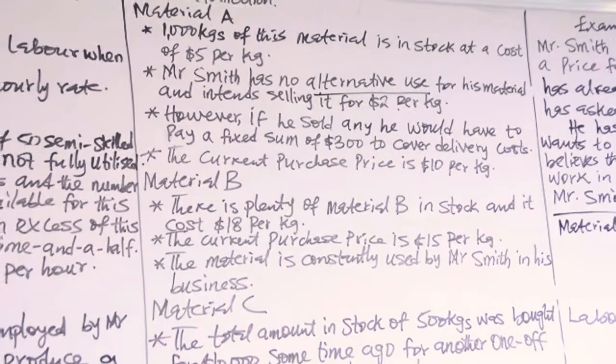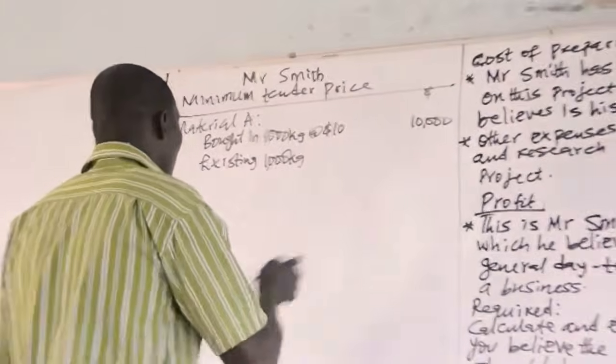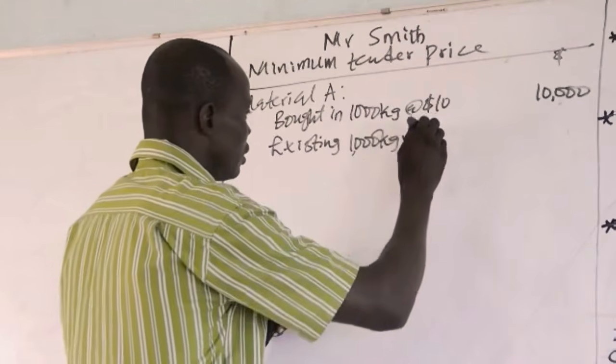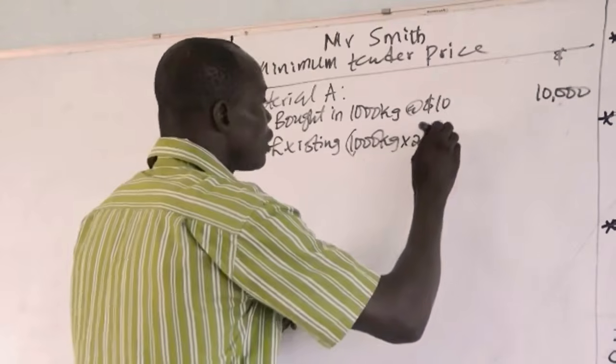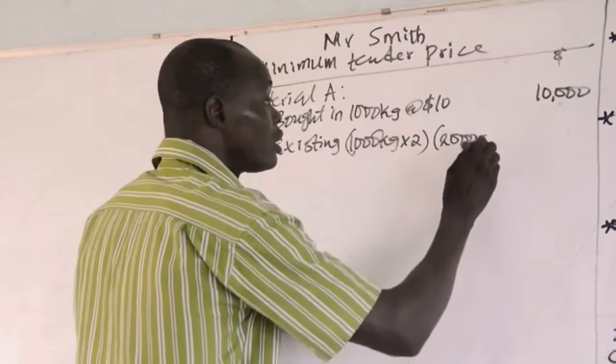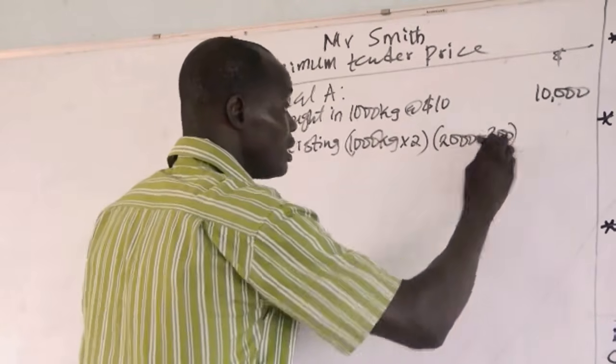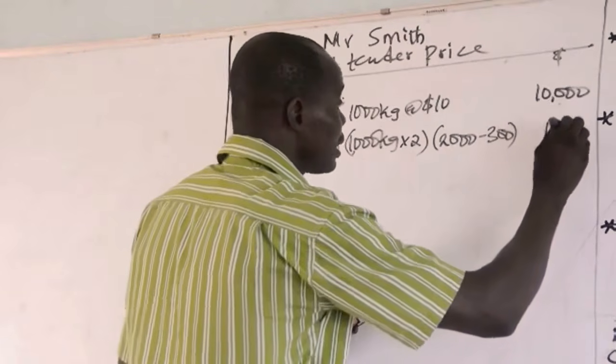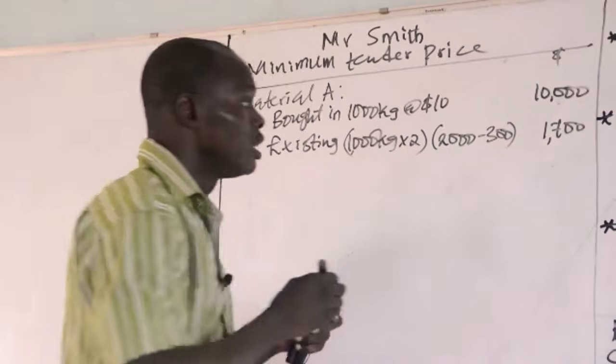That means the net realizable value will be 1,000 times 2, that is 2,000, minus delivery cost of 300. Therefore, the net realizable value of the existing material A will be $1,700.